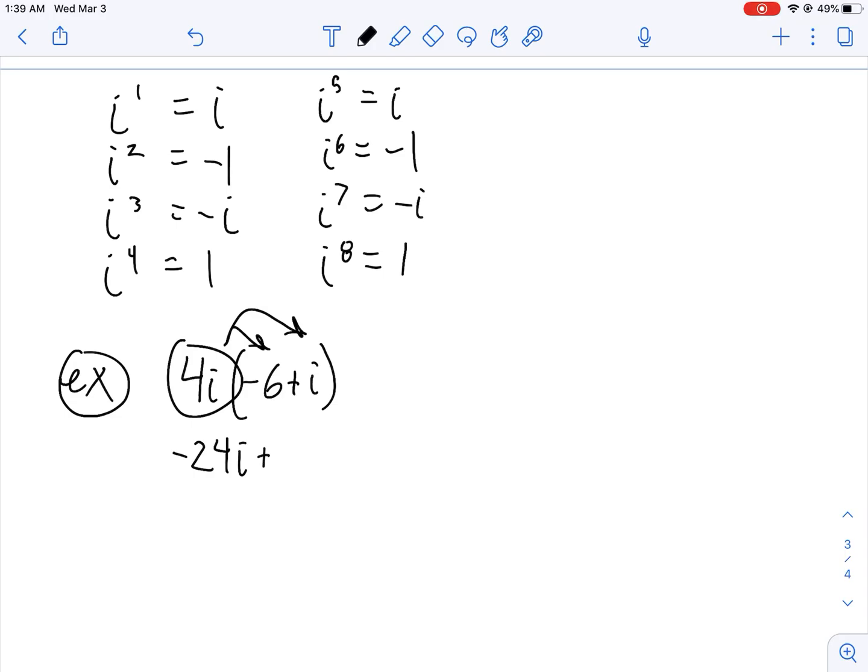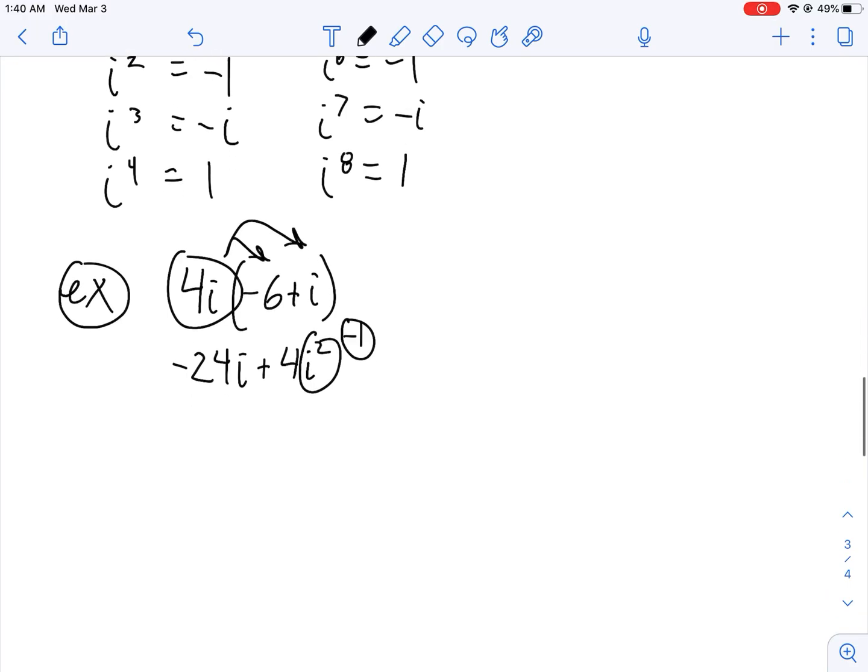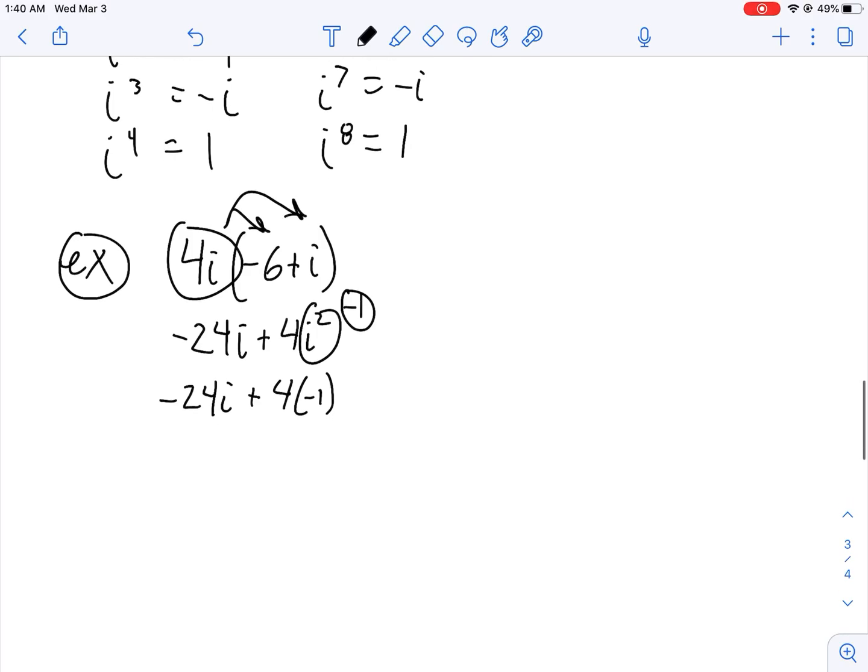Plus 4i times i gives me 4i squared. We have an i times an i there. Now here I'm looking at an i squared. I need to replace this with negative 1. i squared, we're not dealing with it. That's a negative 1. So we've got negative 24i, and I've got plus 4 times negative 1.